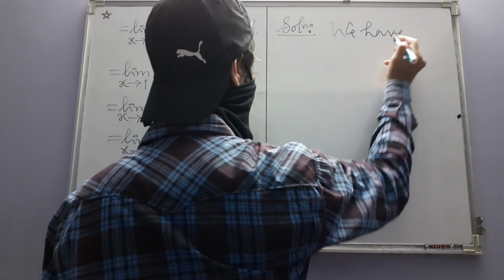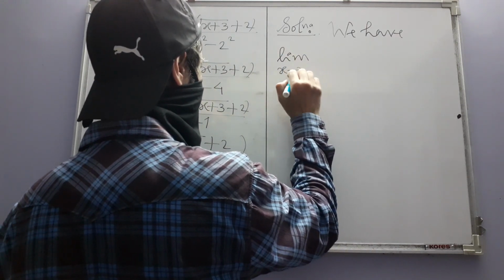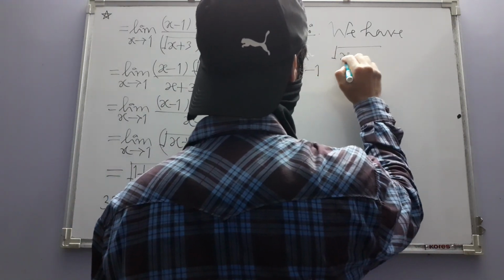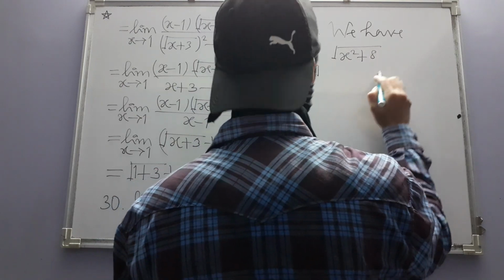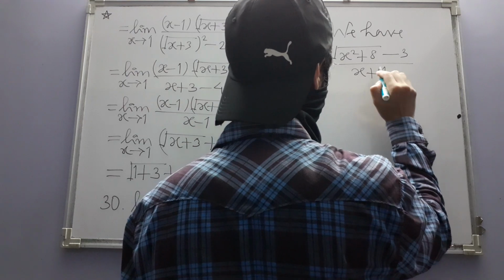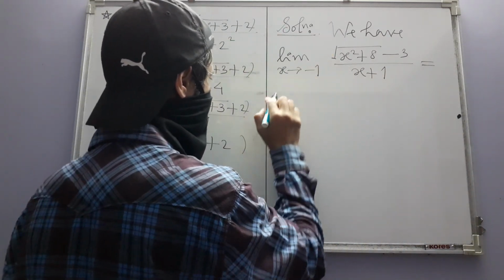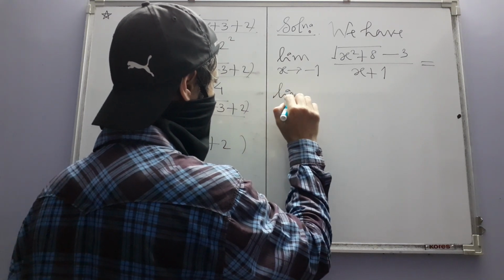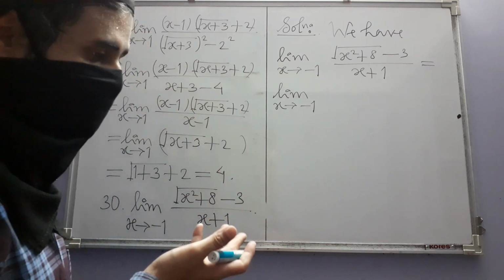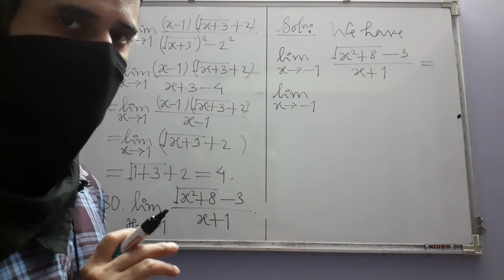Okay, so let's handle this final one. So here we need to bring x plus 1 in the numerator. Here we are not going to rationalize the denominator, because there is nothing irrational in the denominator.